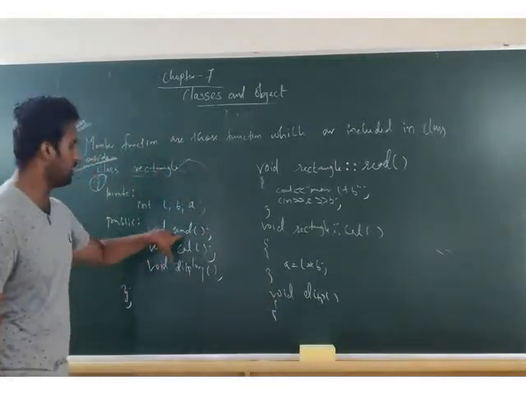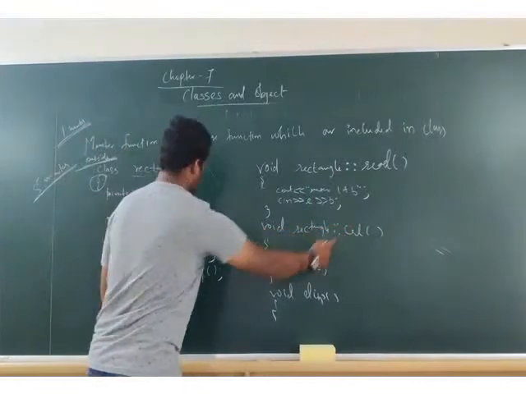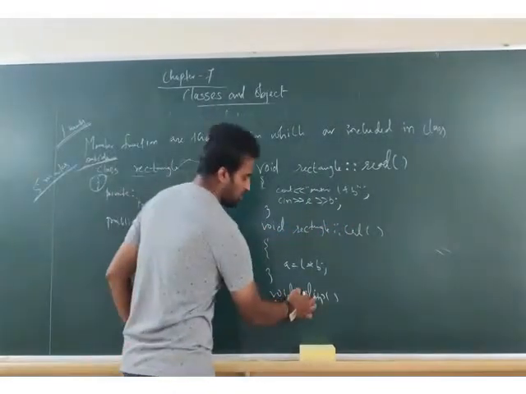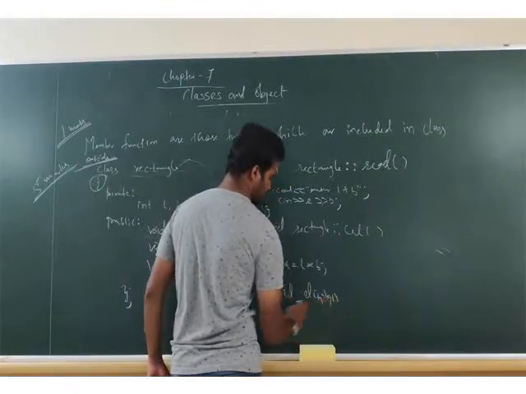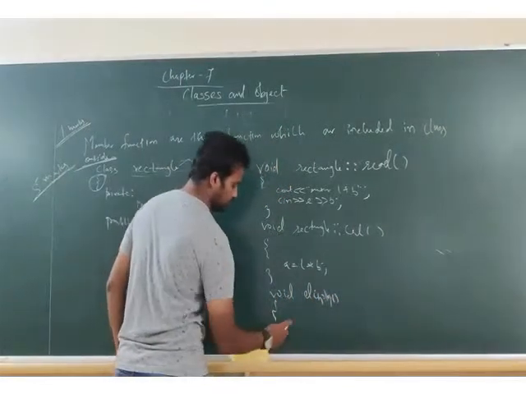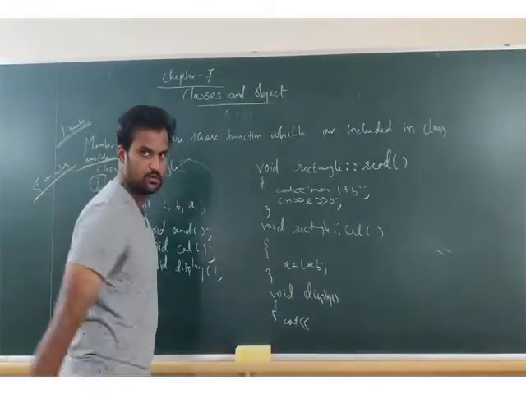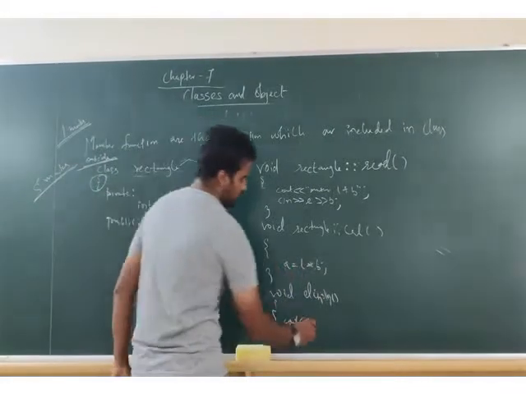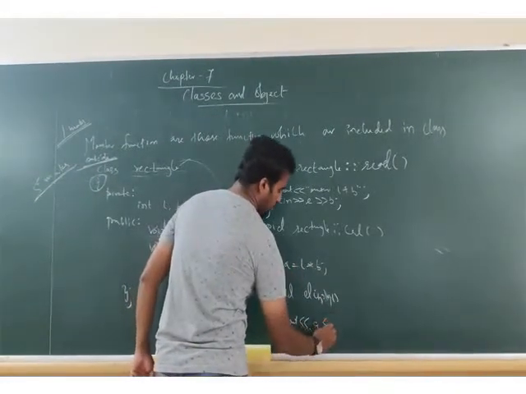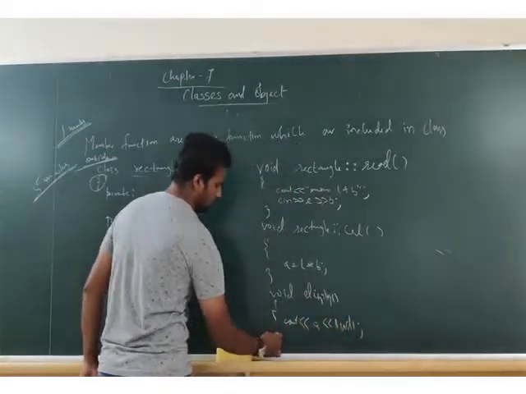Whatever I wrote here for read, write the same here. Calculate, display. I wrote this wrong, we have to write the full display. The answer is stored in A, L into B calculation, answer stored in A. Area of rectangle is equal to A, like that.